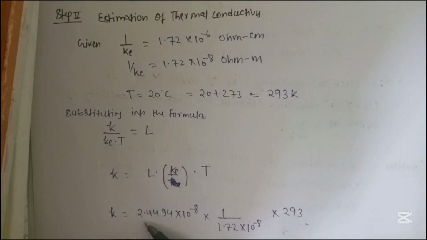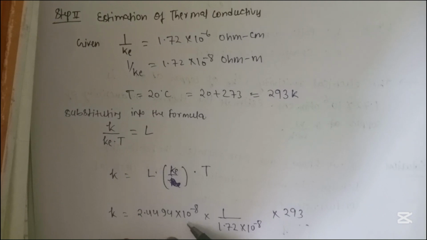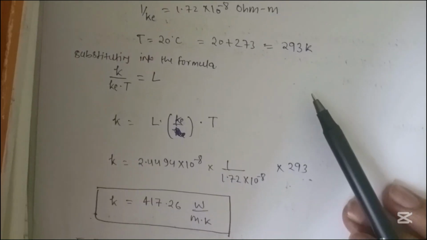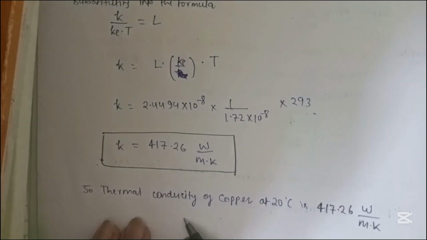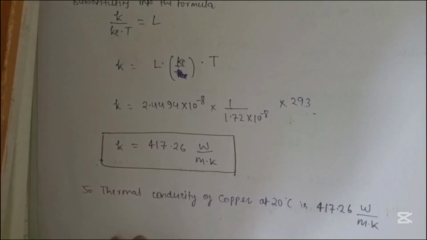Lorentz number 2.4494 into 10 to the power minus 8 into 1 upon 1.72 into 10 to the power minus 8 into 293. We have obtained the thermal conductivity value. K is 417.26 watt per meter Kelvin. Now we have estimated the thermal conductivity of copper at 20 degrees Celsius as 417.26 watt per meter Kelvin, and the problem is solved.